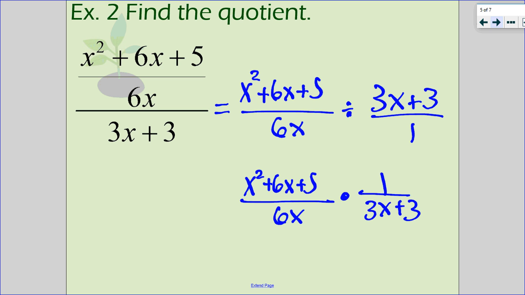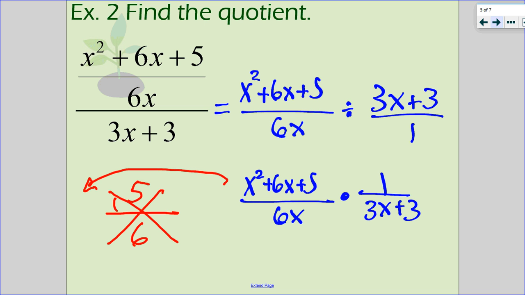Factor. Okay, Journey, which of these needs snowflaking? X squared plus 6x plus 5. Okay, so what do we put at the top of our snowflake? 5. And the bottom? 6. 5 and 1. So x plus 5, x plus 1.